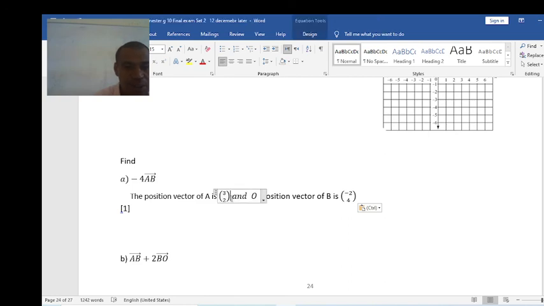The position vector of A is 3, 2, means OA is equal to 3, 2.